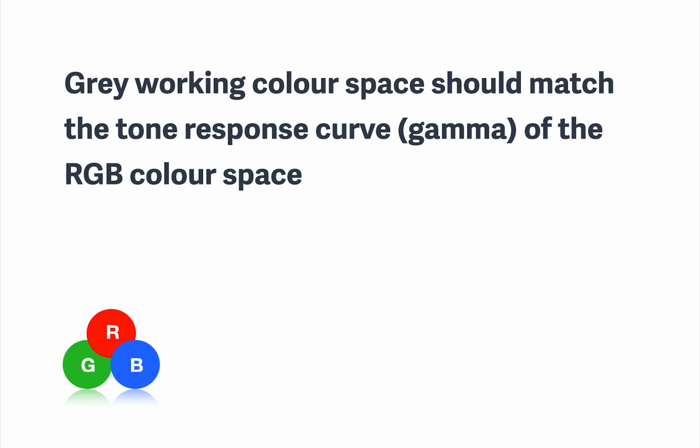This means that the gamma curve, which represents the mid-tone contrast curve of our RGB color images, will correspond with the gamma curve of the grayscale masks and selections. As a result, our selections and masks become more accurate.